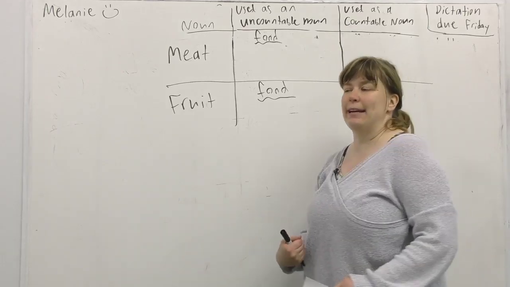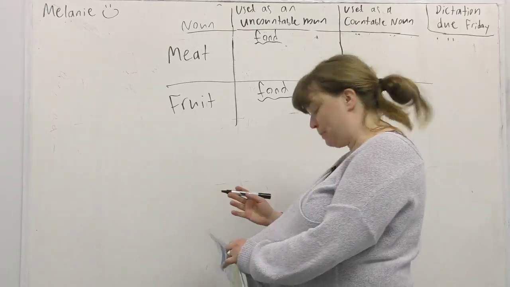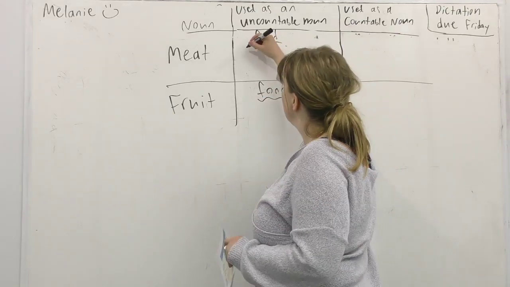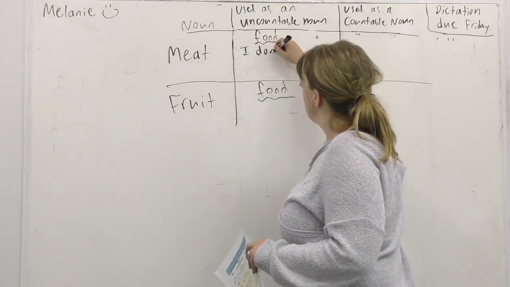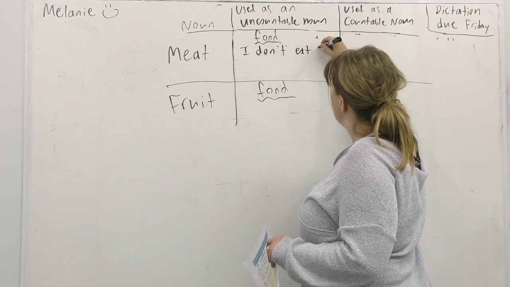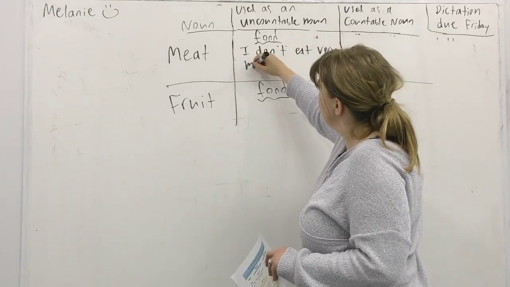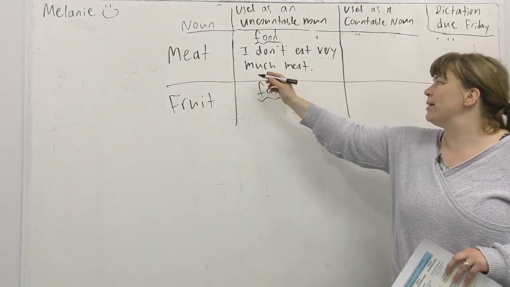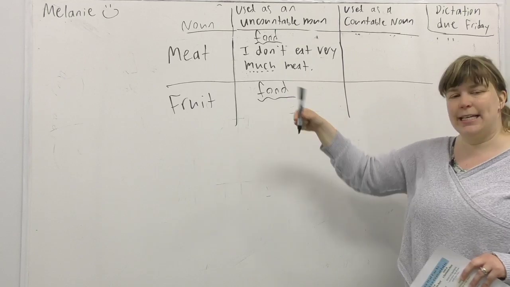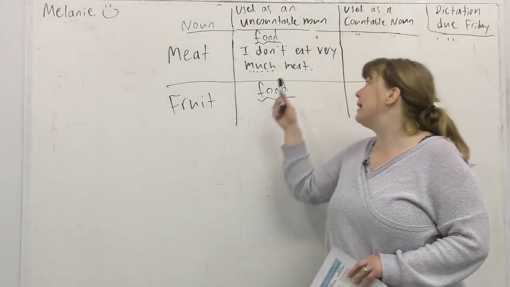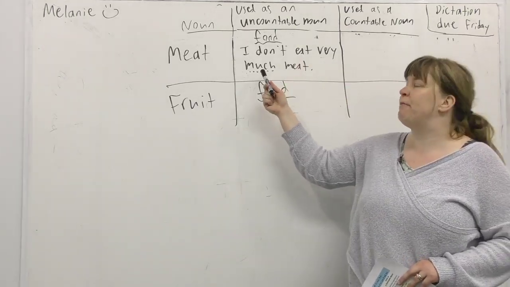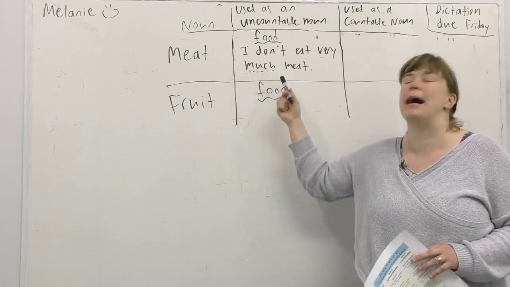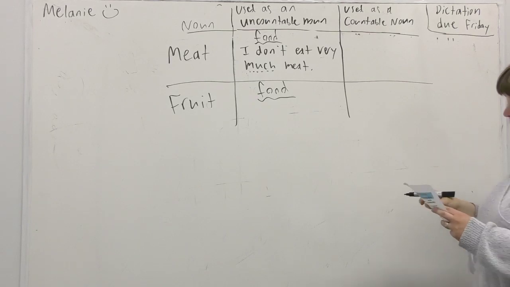And bacon, I love bacon. So I love some types of meat, but typically I don't like to eat too much meat. So I don't eat very much meat. So remember, I think we talked about this on Monday. So for uncountable, we don't say very many meat, we just say very much meat. Uncountable, you say much.